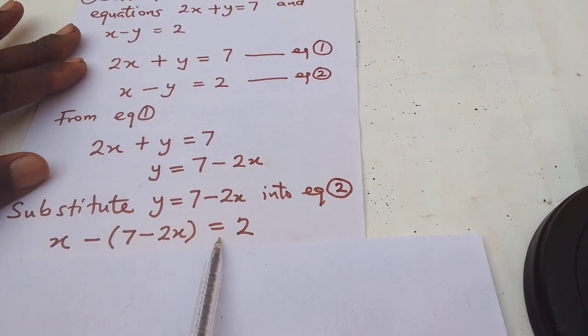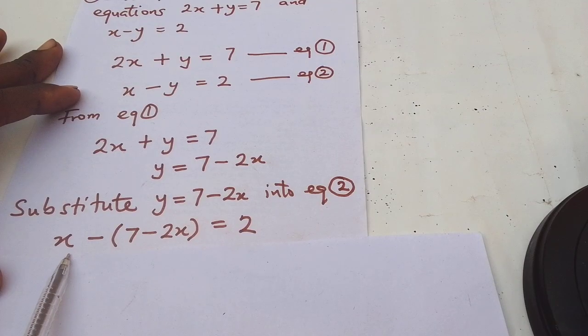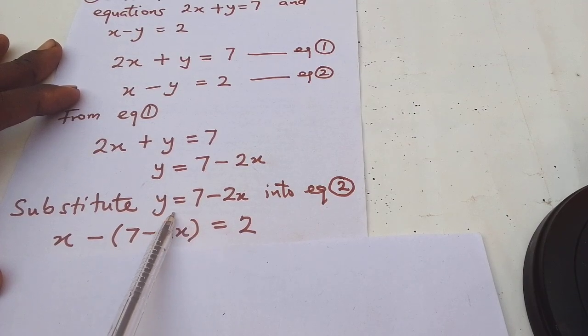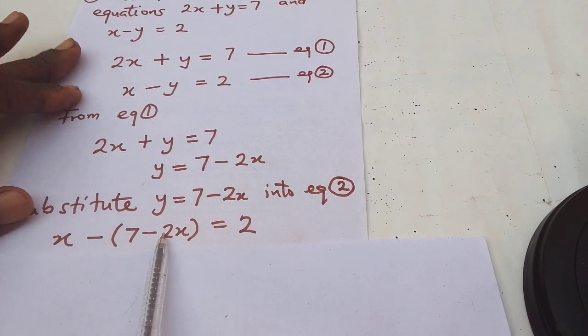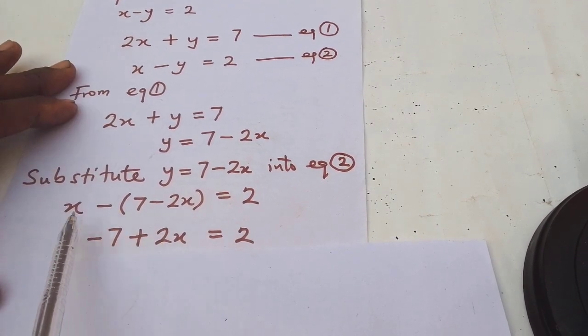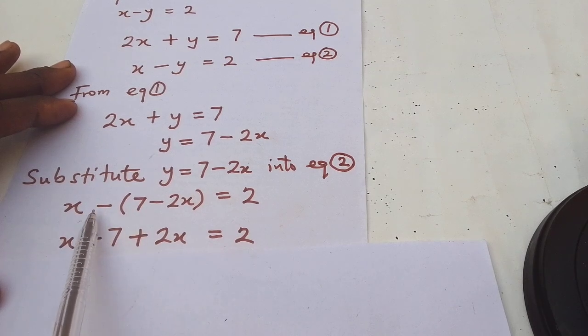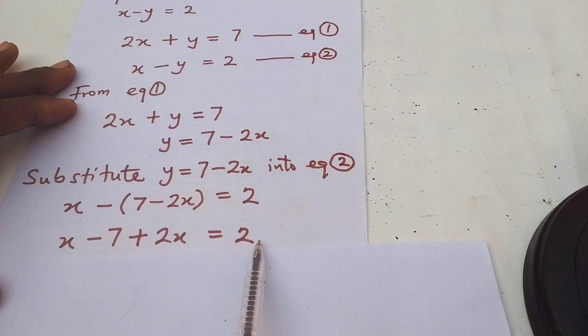So in equation 2, you are having x minus y. In place of y, I'm having 7 minus 2x is equal to 2. So from here, you are going to open the bracket. When you open the bracket, x minus 7, minus times minus will give us plus 2x, is equal to 2.